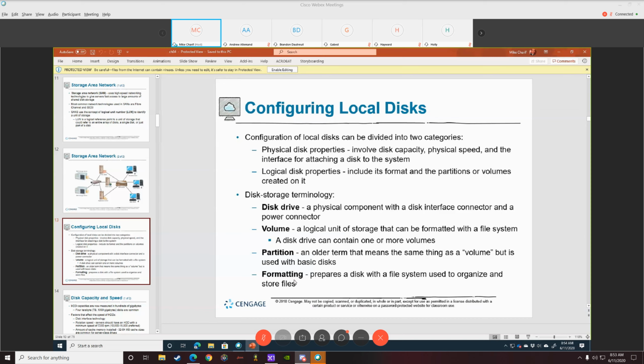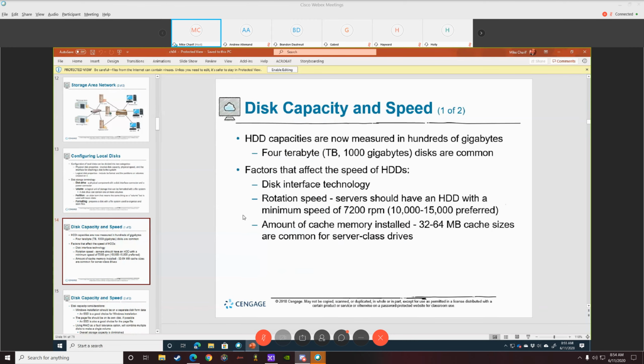Formatting, we know, is how you organize your disk to make it ready to write and store data on it. The most popular one we use is NTFS, like we said.